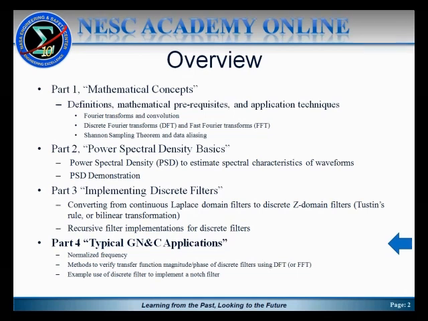In Part 3 of this series, entitled Implementing Discrete Filters, we showed how you actually go about using discrete filters by converting from continuous Laplace domain filters to their Z-domain or discrete filter counterparts using Tustin's rule, also known as the bilinear transformation.